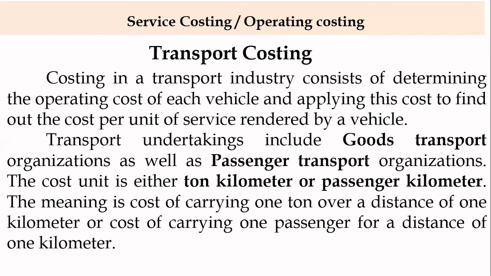So in this transport costing, they may ask these two questions: either you have to calculate the passenger kilometer, that is, what will be the cost for one passenger for 1 kilometer, or they may ask ton kilometer, that is, for 1 ton for 1 kilometer, what will be the cost.